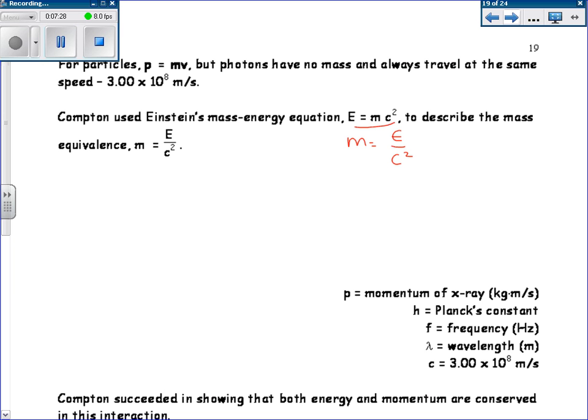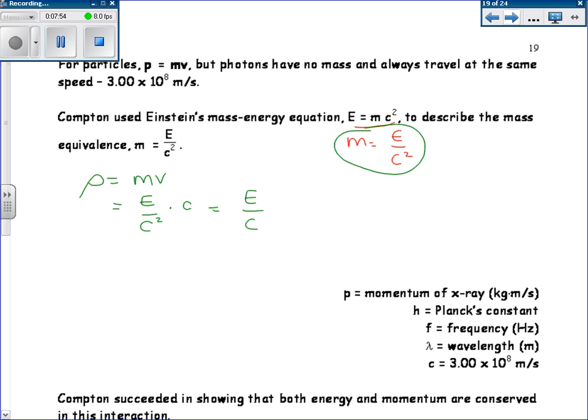And then he used that then in the momentum formula. So momentum is mass times velocity, okay, which would give us energy over c squared, right, using this relationship for mass. And we would change that velocity to c as well, which then means that momentum would be energy over c.